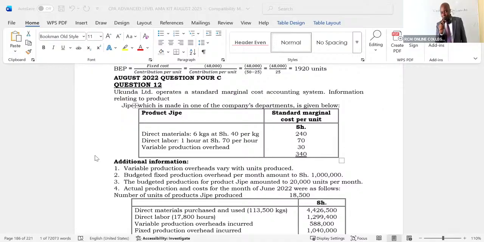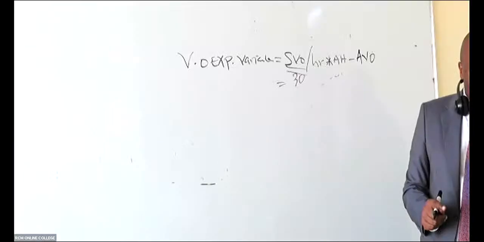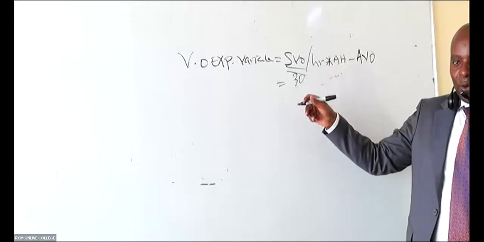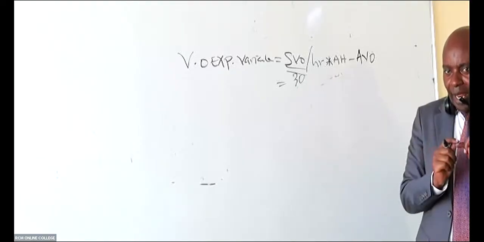So on the standard cost card, how many labor hours do we need? We are so lucky because all the students would have guessed and worked with 30, and this 30 is correct because we only have 1 hour. What if there were 2 hours on the standard cost card?